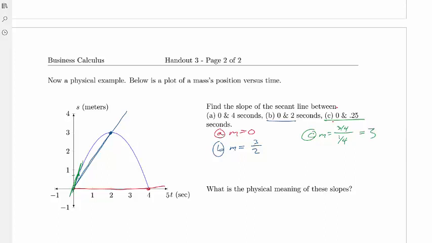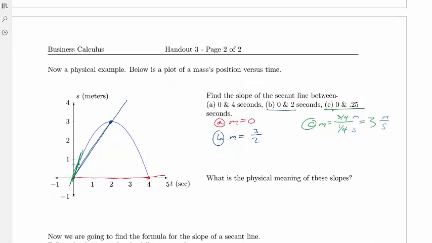So I want us to think about the units of each of these, right? We rose, which, the y is in meters. So we rose up 3/4 of a meter, and then we ran over in seconds, right? So that was on the bottom. Meters per second. So what is the physical meaning of these slopes?